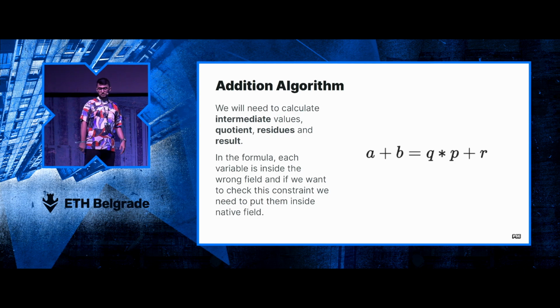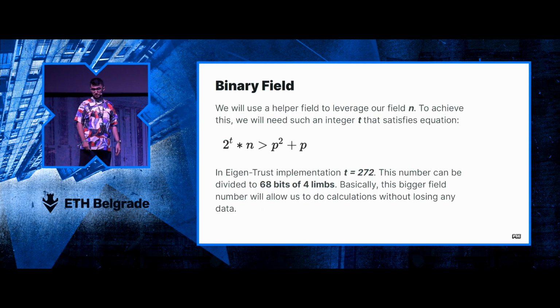We can start with the coefficient here. Oh, sorry, before that, I need to explain the binary field. We will use this in the Chinese remainder theorem. Our native field is smaller than our wrong field, as I told before several times, so we need a helper field to leverage our native field.